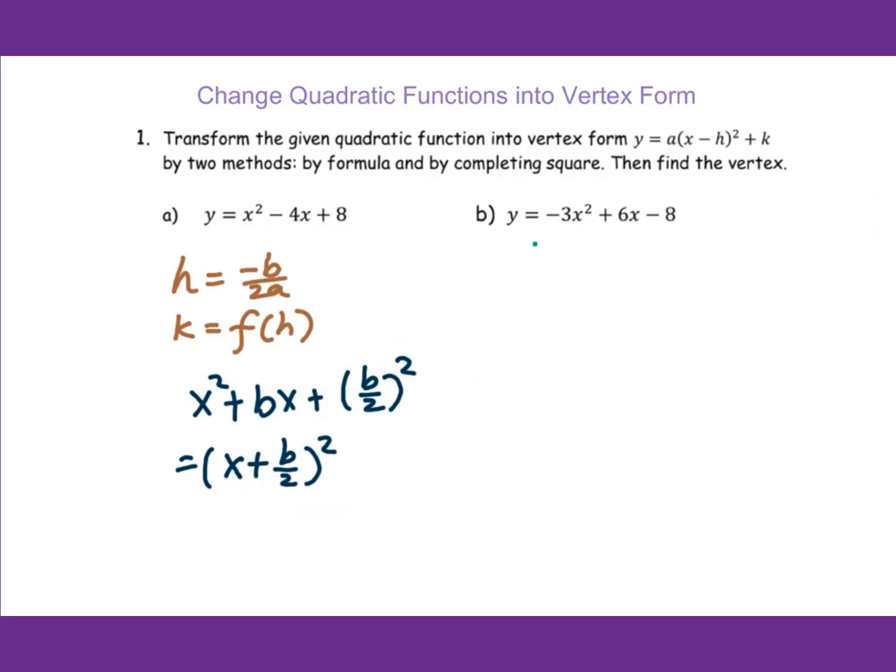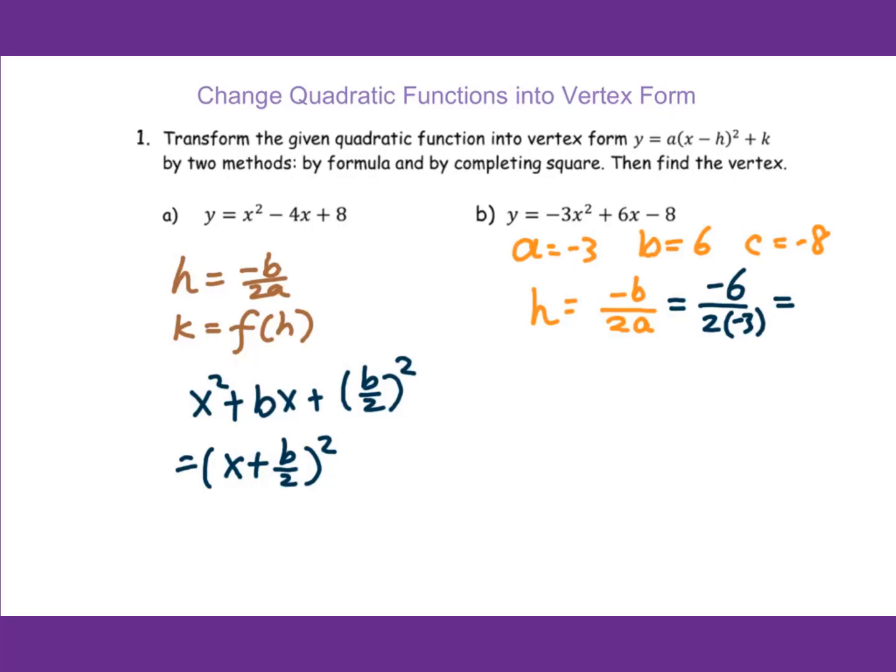First of all, we are going to use the formula. a equals negative 3, b equals 6, c equals negative 8. So h equals negative b over 2a. Negative b means opposite of b, that's negative 6, over 2 times negative 3.